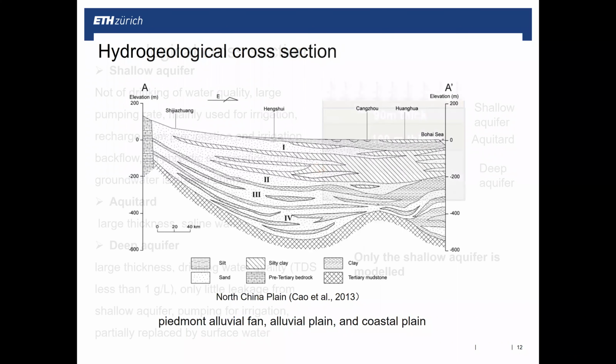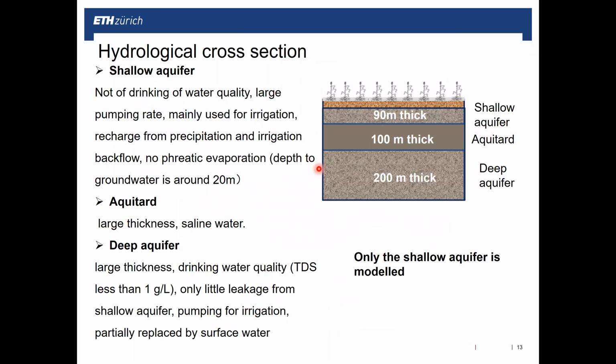So according to the hydrogeological report of these areas, we simplified the aquifers in Guantao into a shallow aquifer and a deep aquifer, and in between there's also a thick aquitard, which separates the deep and the shallow aquifers.